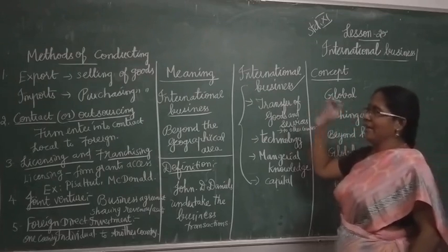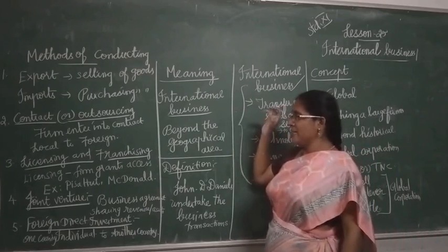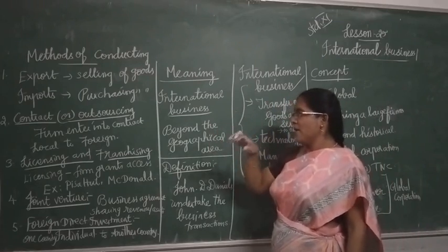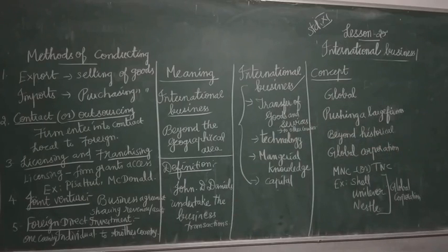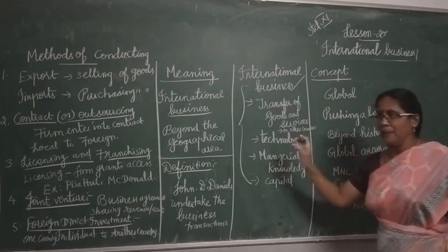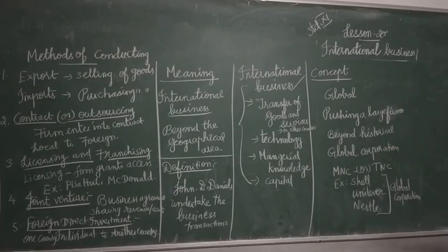Then, what is the meaning of international business? International business means doing business beyond the geographical limit area. International business takes place beyond the geographical limit of the country, and it involves not only moving goods and services, but also capital, personnel, technology, and intellectual property.